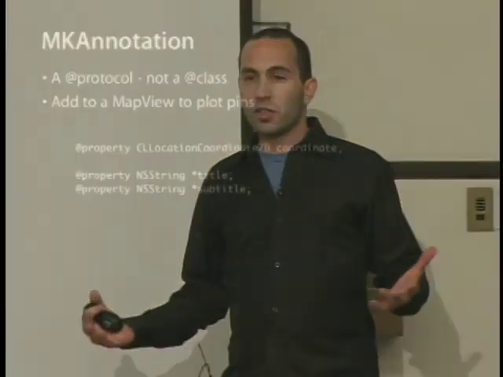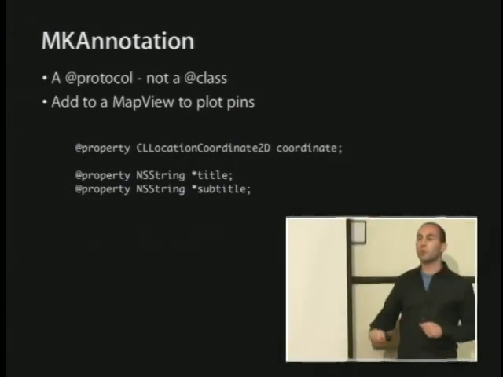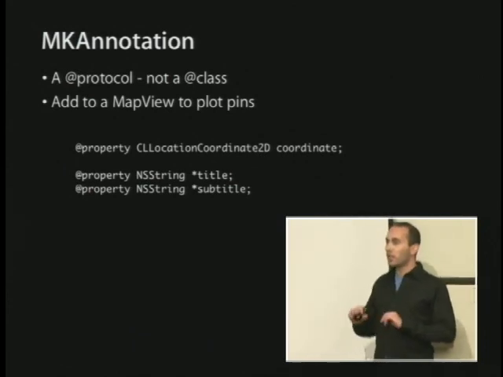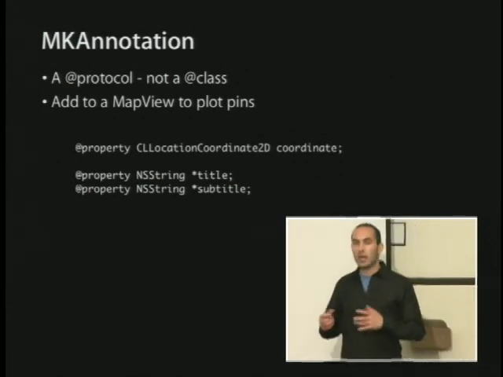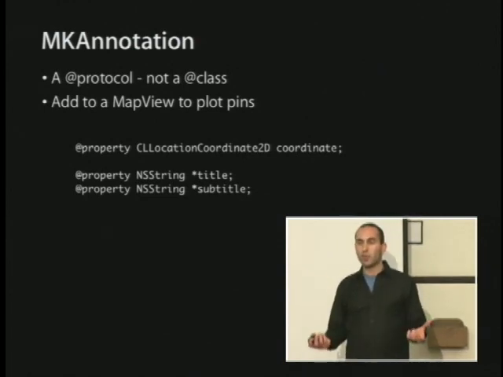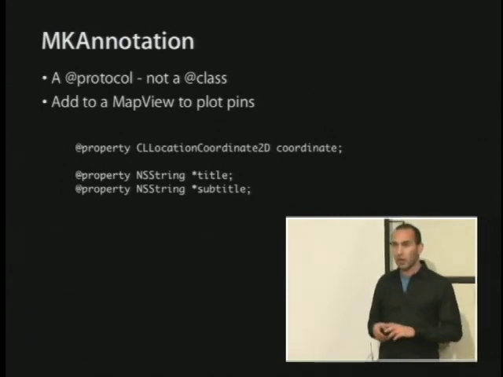So MK annotation, I've been talking about that a little bit. It's not a class, it's a protocol. And we'll look at some classes that do implement this protocol. And it's a very lightweight protocol. The advantage of this being a protocol is you can have your own data representations of objects and return locations and titles and subtitles so that they can be plotted on a map.